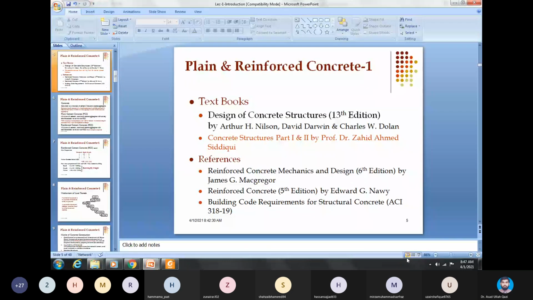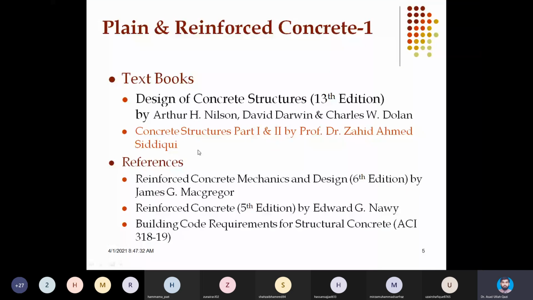So you will find that slides shared with you along with these textbooks or reference books are quite useful. Most of them you can download online.